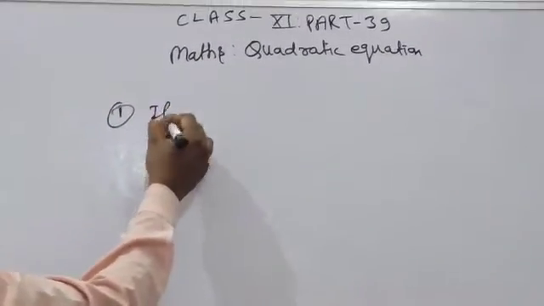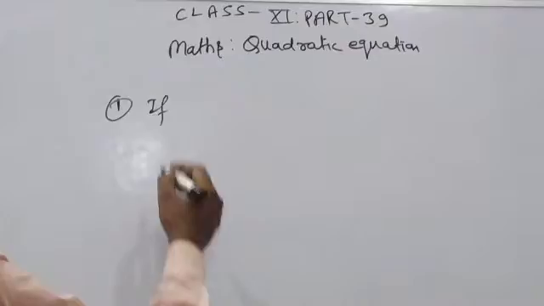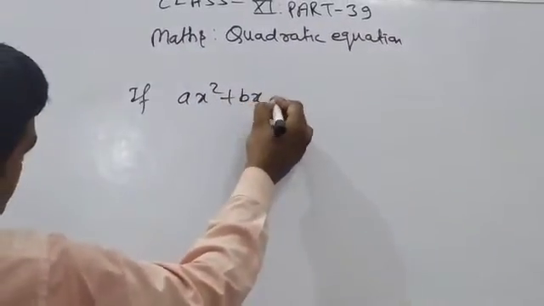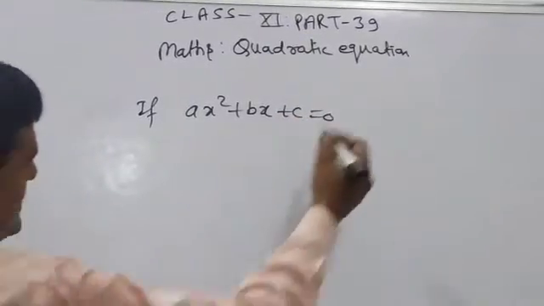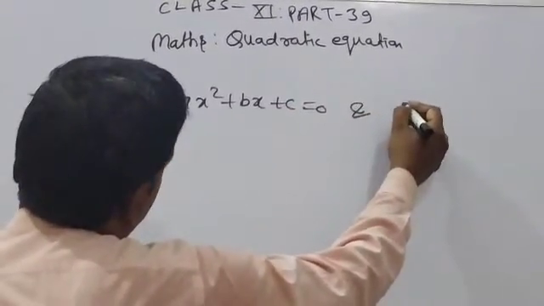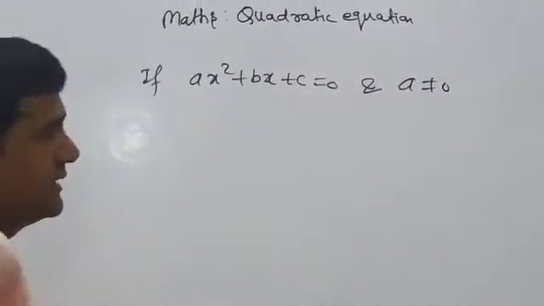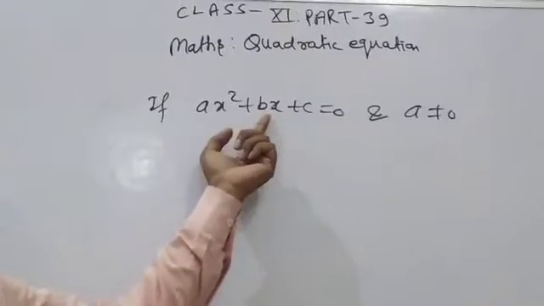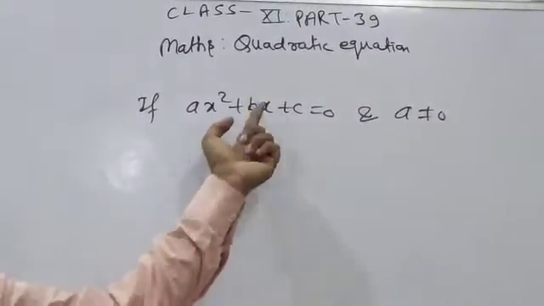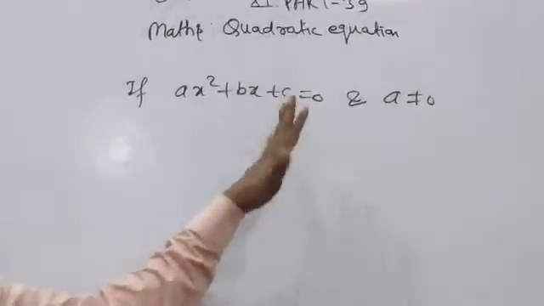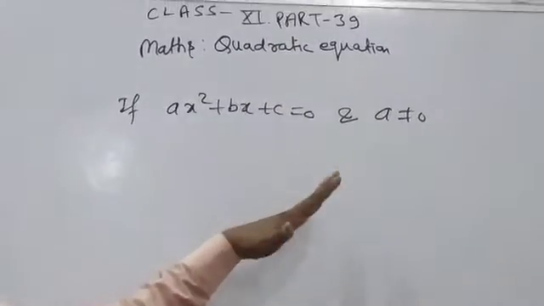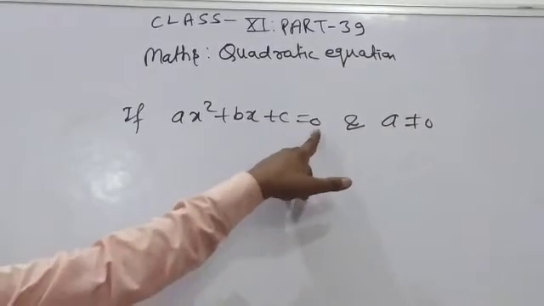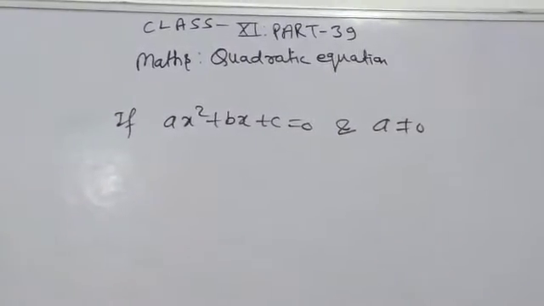First of all, if the quadratic equation is ax square plus bx plus c equal to 0 and a is not equal to 0. Why? If a is equal to 0, then it is a linear equation. Therefore, if any equation is given, first we simplify and check, then change it into this form: ax square plus bx plus c equal to 0 and a is not equal to 0.